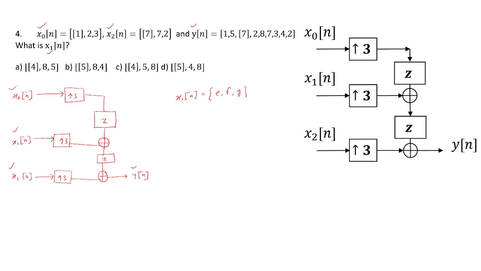Let's denote them as e, f and g. Let's assume these values are unknown, we need to find their values. We'll see how these assumptions will later simplify our job of finding the sequence x1 of n.